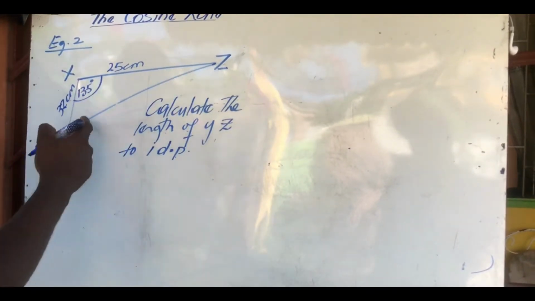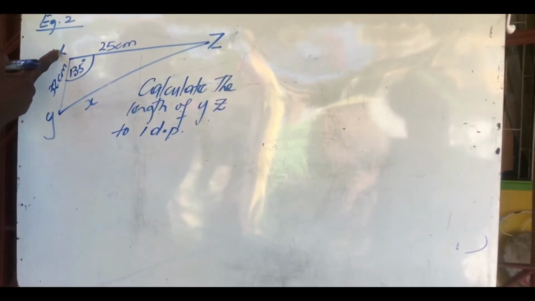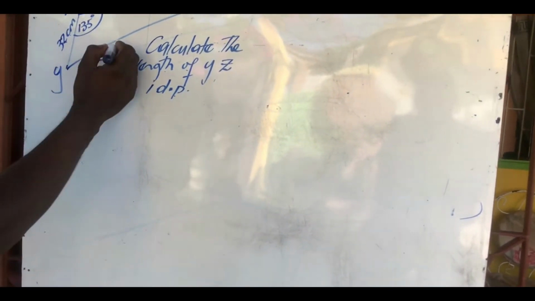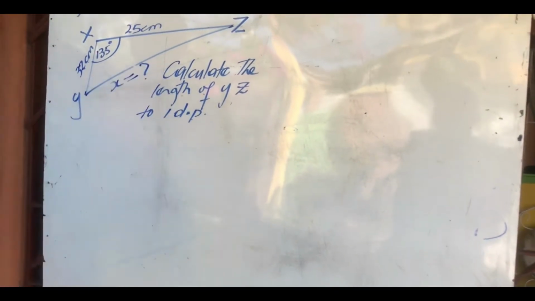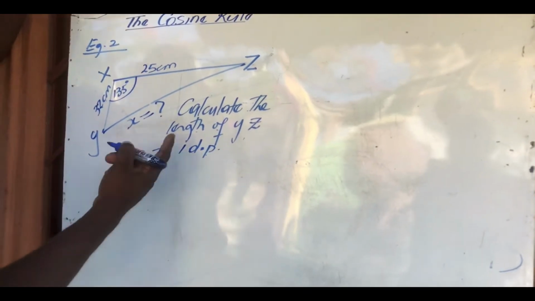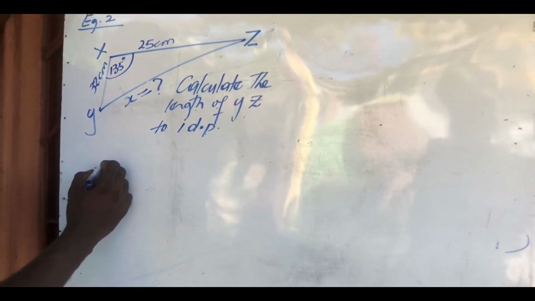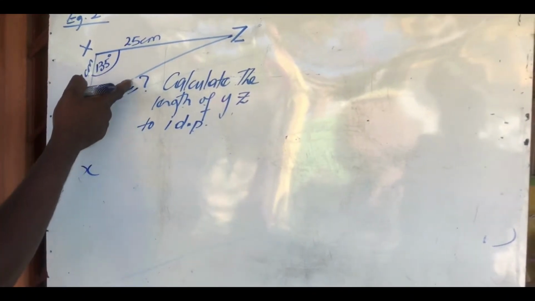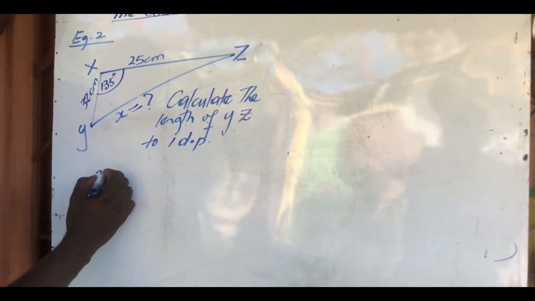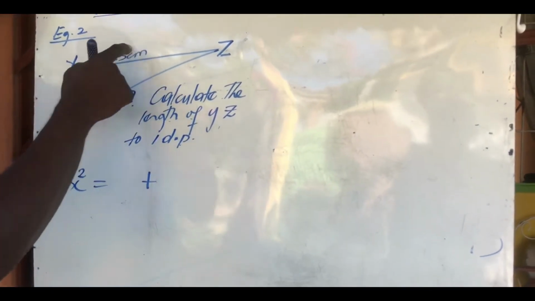So YZ, what exactly is YZ? YZ is little x, because it is opposite to angle X right here. So little x is what we don't know. Following up on what we did before, because you don't have to use a, b, and c, using the cosine rule, the square on the side that you want to find equals the sum of the squares of the other two sides.